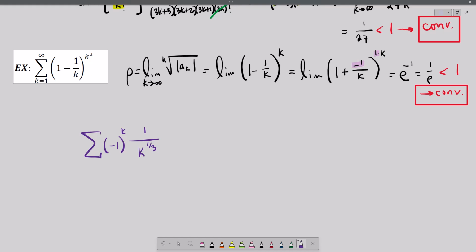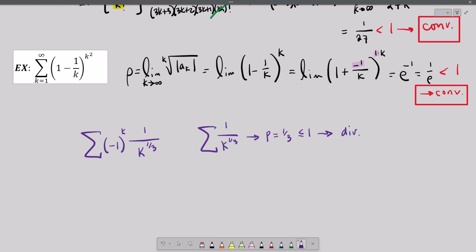Now, does it converge absolutely or conditionally? Now we want to be thinking of P. If we take away the switch, then what's true with this series? This is a P series with P equal to 1/3, which says diverge or converge?